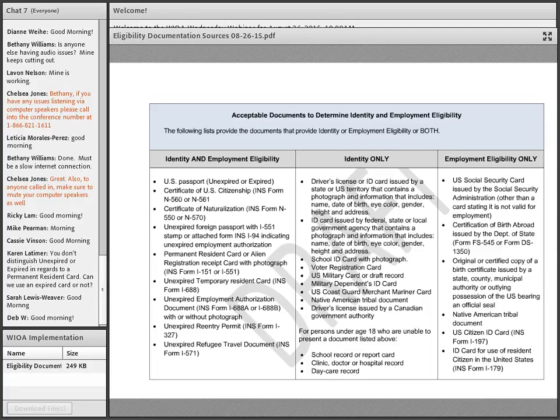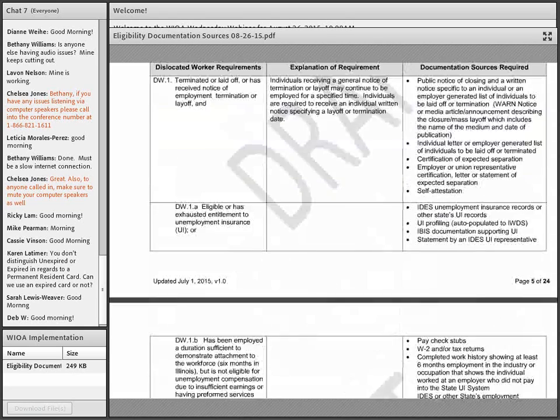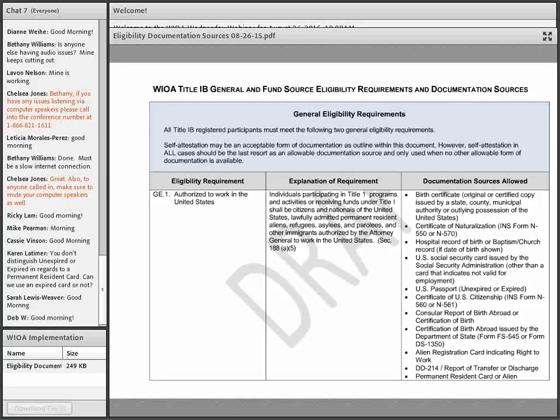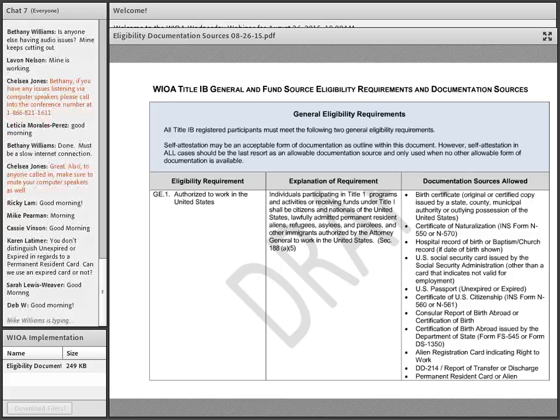We won't go into that table any more than that until we get to it later in the discussion, but I just wanted to point out that is part of the career planner's process in ensuring identity and employability, I guess. And so with that, we'll go to the authorized to work in the United States section.